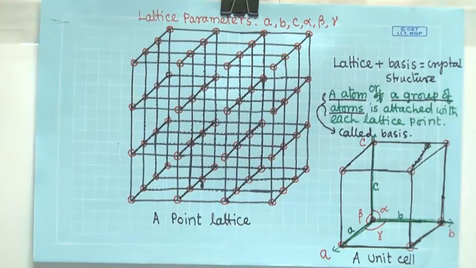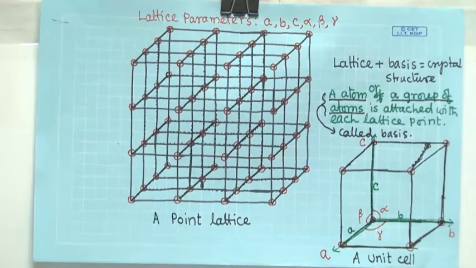The real crystal is lattice plus basis. The lattice is a mathematical concept: if I tell you the A, B, C values and the alpha, beta, gamma values, you can produce lattice points in space.